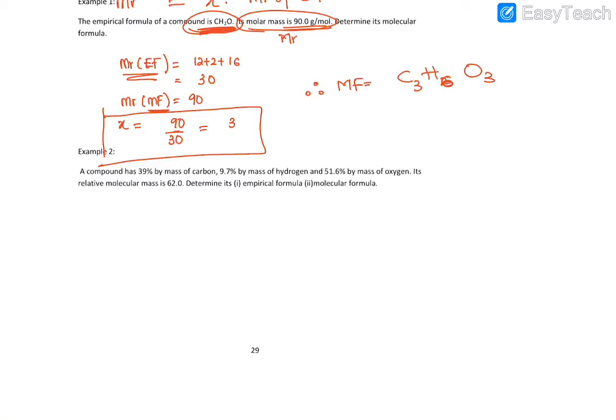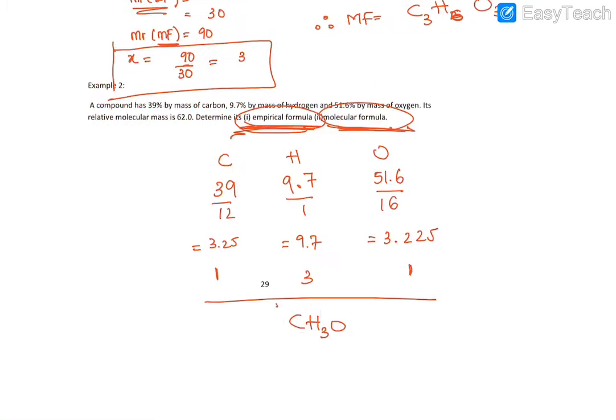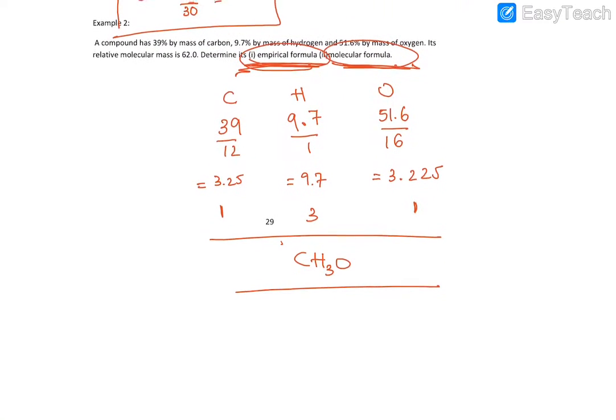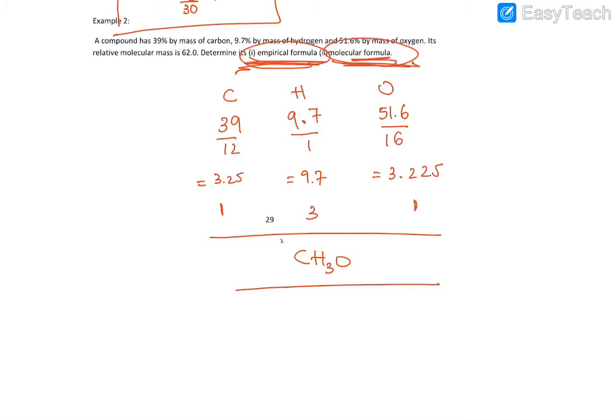Let's see example 2, where you have carbon, hydrogen, and oxygen. So first you need to determine the empirical formula. Then you need to determine the molecular formula. You will always need empirical first before finding the molecular formula. So if you find the empirical formula, this is what you get. And to find the molecular formula, you use the actual Mr. So you need to find Mr of empirical formula, which is 31.